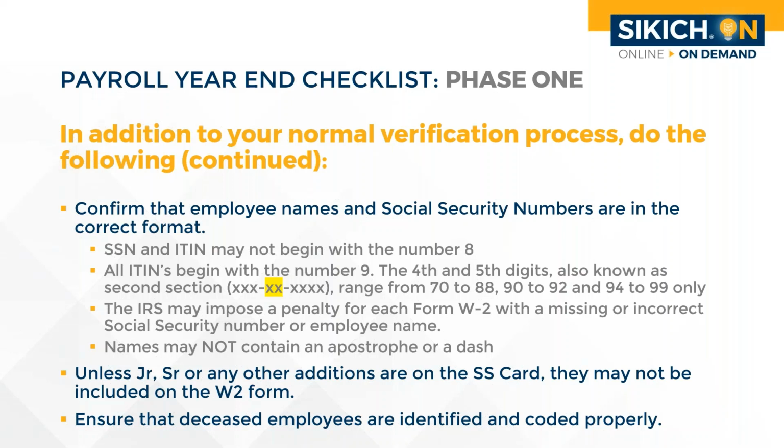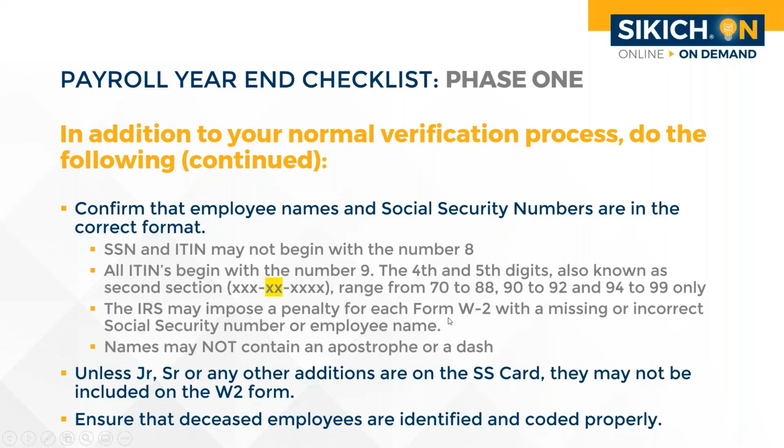Now, there's a second section to the ITIN, also known as Part 2. The 4th and 5th digits can only range between 70 and 88, 90 to 92, and 94 through 99. So if you have a number where those two middle numbers, highlighted in yellow, are, let's say, 21, 22, 35, you know that you've got a bad identification number.